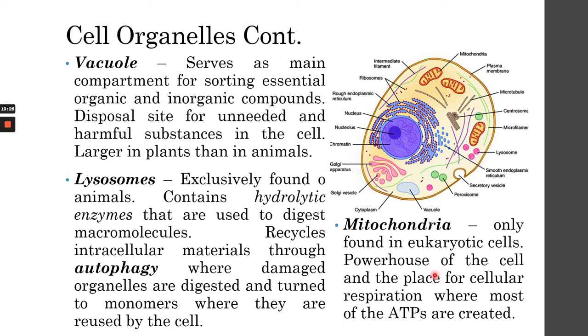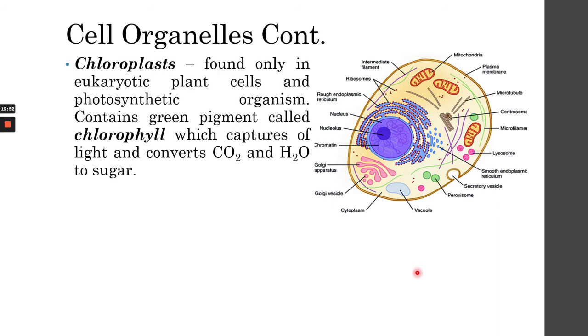Later on in our class, we'll be discussing how the mitochondria creates a lot of these ATPs via respiration. But for now, just think of mitochondria as the organelle responsible for creating a lot of ATPs. That's why we call it the powerhouse of the cell.